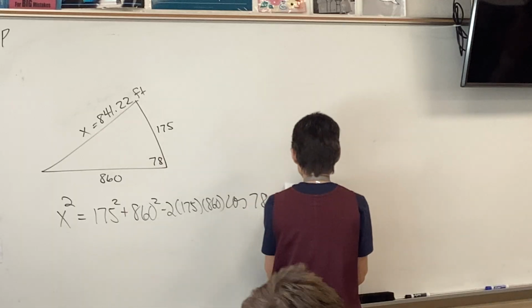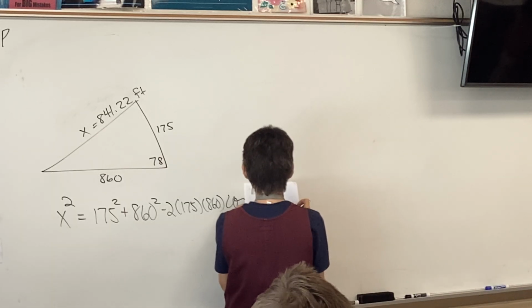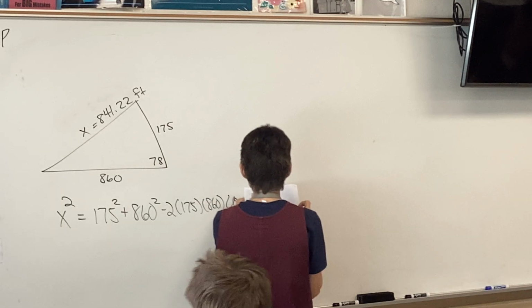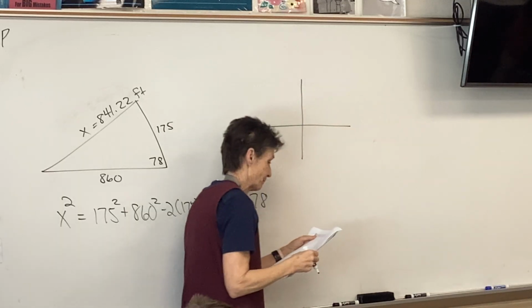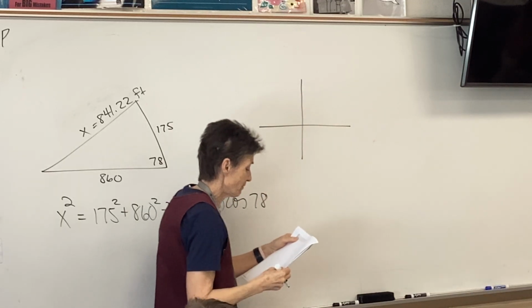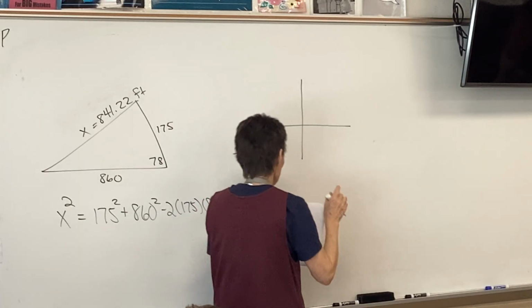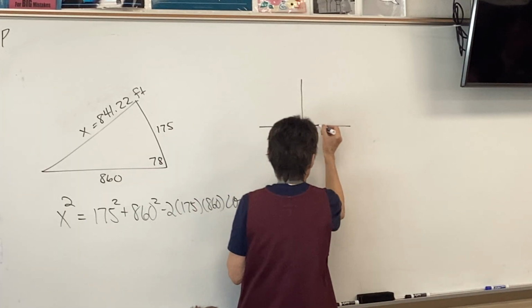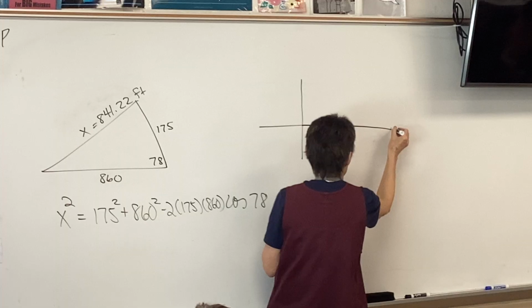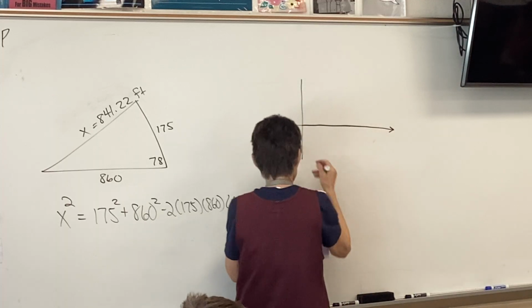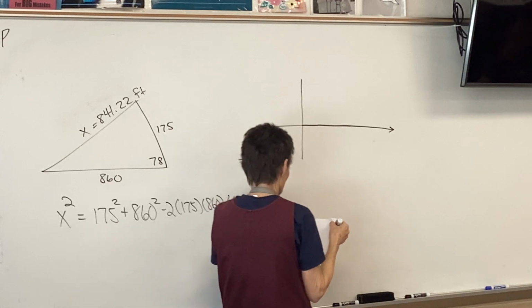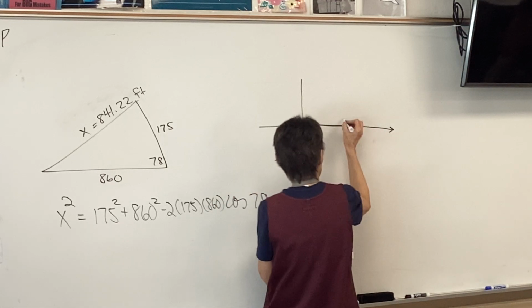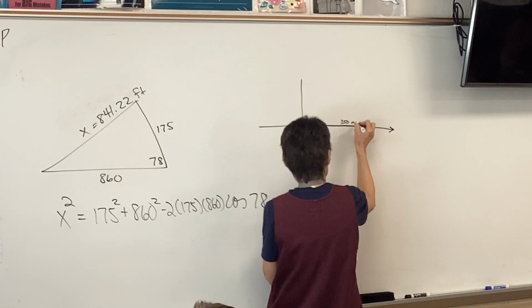All right, two airplanes flying together in formation take off in different directions. Here's the airport. One flies due east at 350 miles an hour, so this is 350.